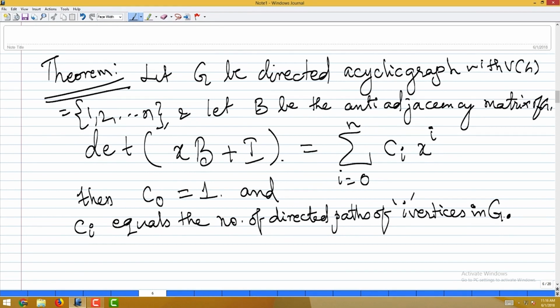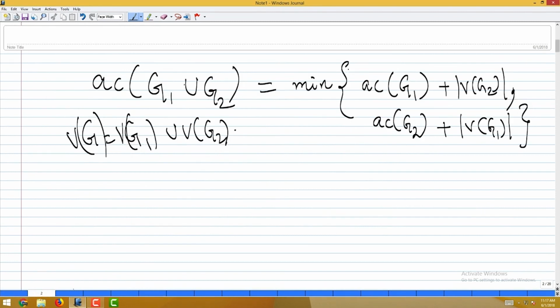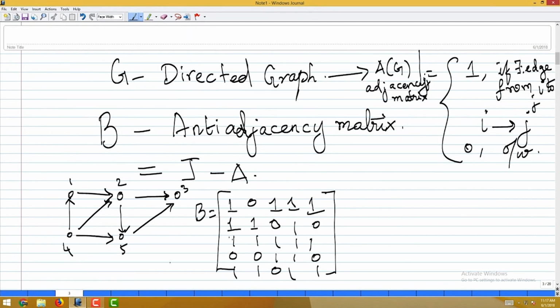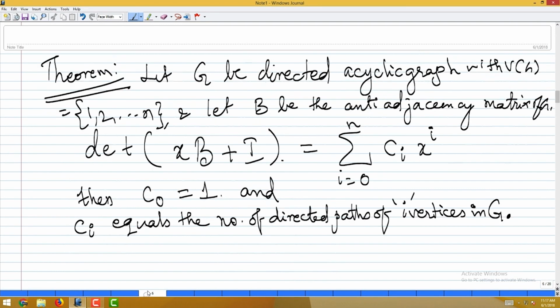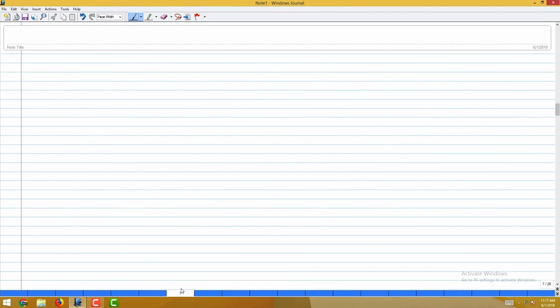Okay. So, I have said so many things, now let us go back and see whether I can justify my result for this example. This time I will not ask you to solve for the polynomial. For that B matrix, let us see what the determinant of xB plus I is going to be equal to.